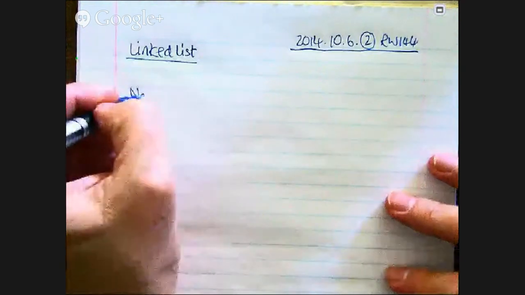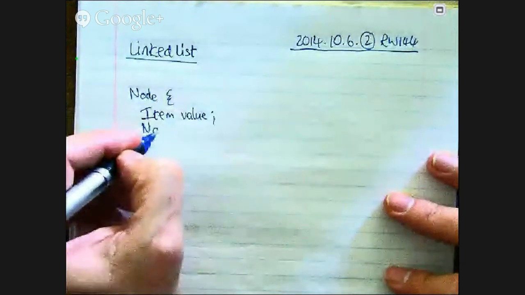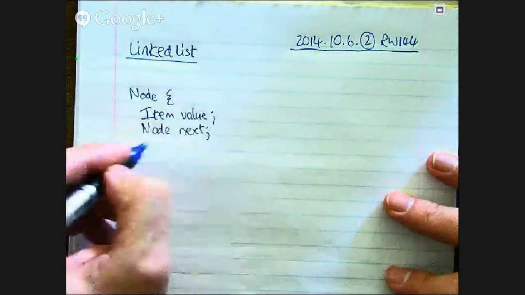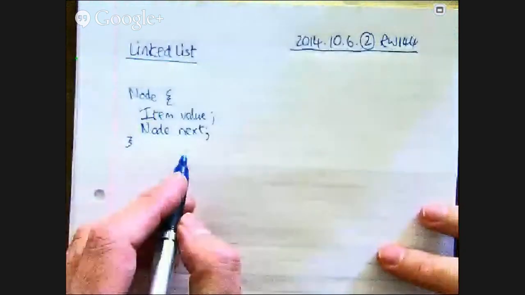But basically, each node in my linked list stores a value. I'm going to call it item value. And it stores a reference to the next node in the linked list. So that's linked lists, and we're happy about that.